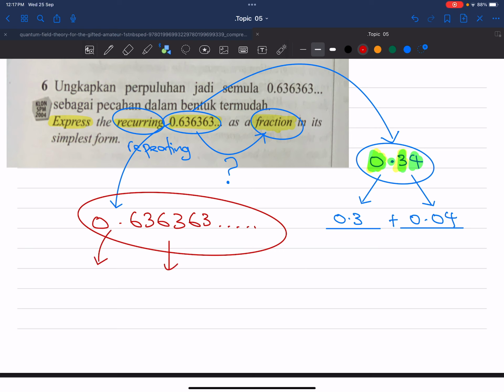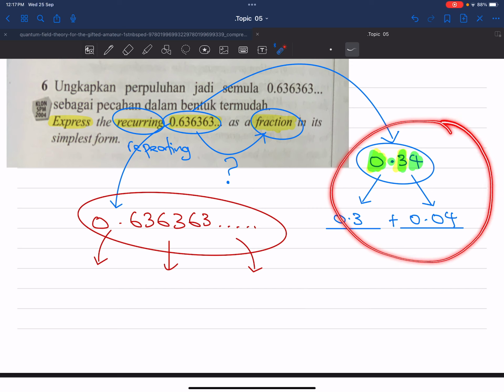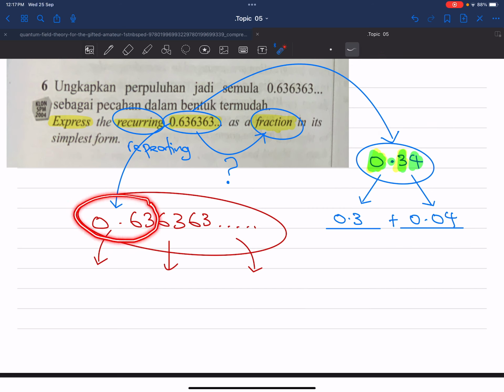The first one would be 0.63. Plus, because it is a sum, the next would be 0.0063.